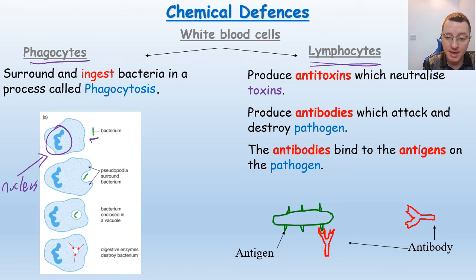So you can see here we've labeled some of these spiky antigens sticking out of the pathogen's cell membrane, and you can see the antibodies binding onto them, and they will either destroy the pathogen or make it much easier for the white blood cell to carry out phagocytosis, because one antibody could stick to 2 or 3 different pathogens, allowing them to clump together.